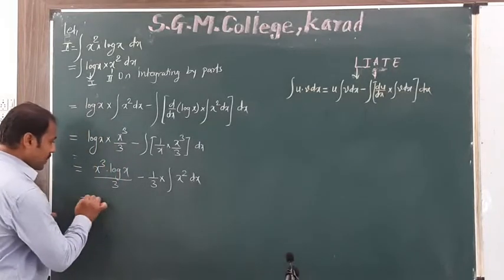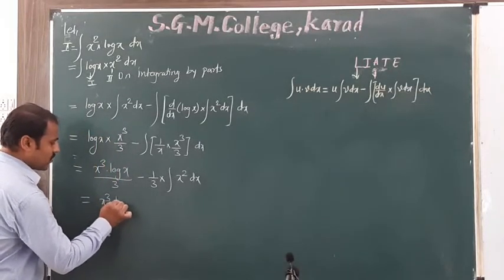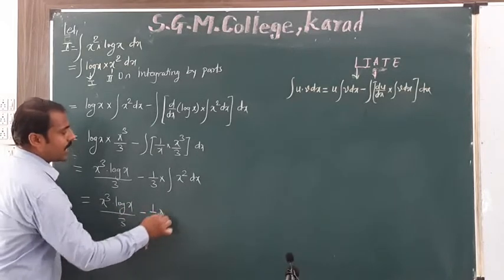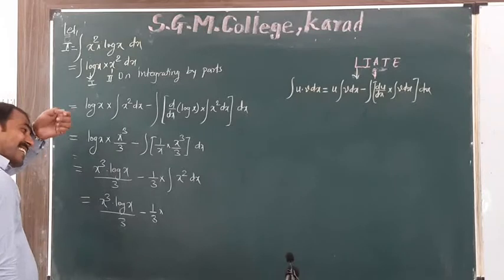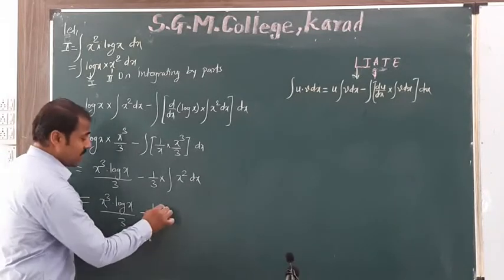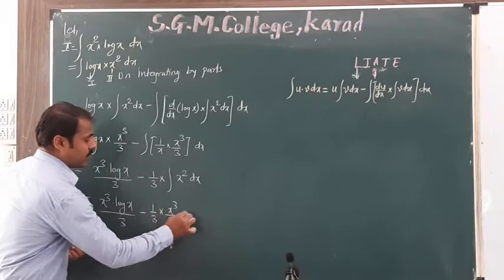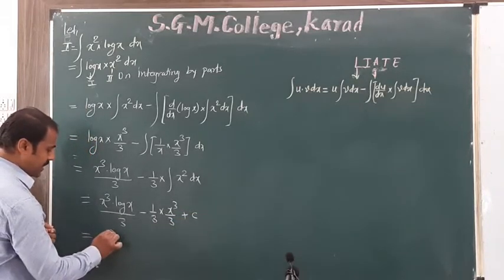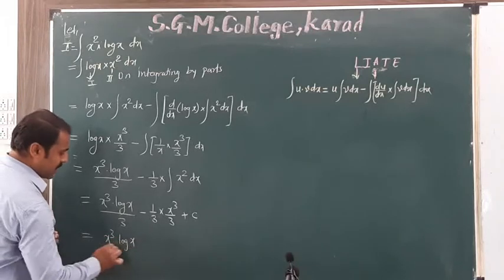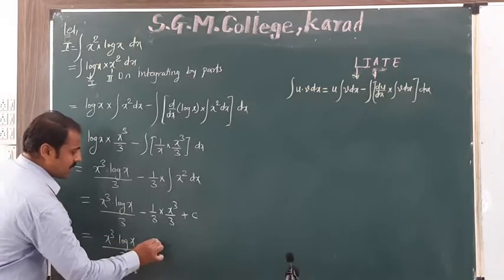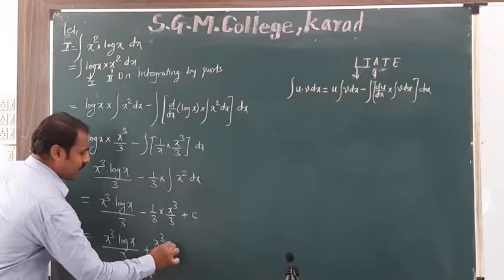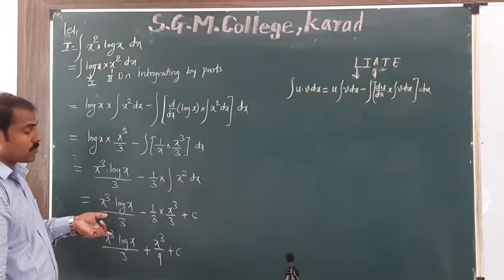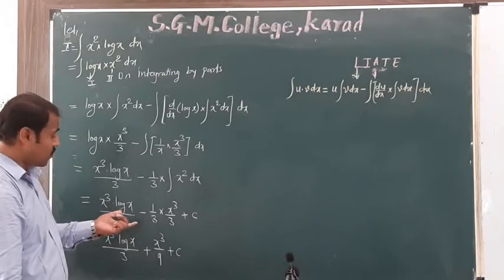Which is equal to x cube into log x divided by 3 minus 1 upon 3 into, again we find integration of x square. Integration of x square is x cube divided by 3 plus constant of integration c. On simplification we will write this as x cube into log x divided by 3 plus x cube divided by 9 plus constant of integration c, or you can take x cube divided by 3 common from both the terms.